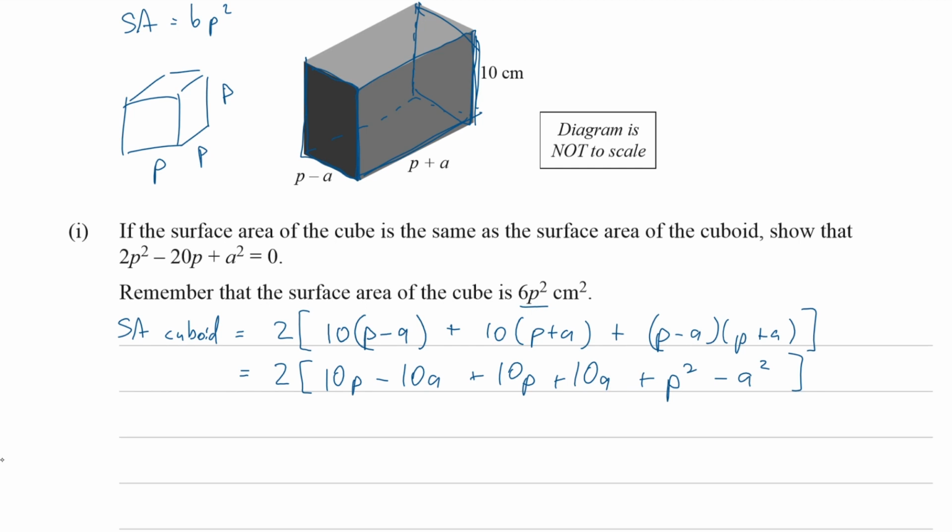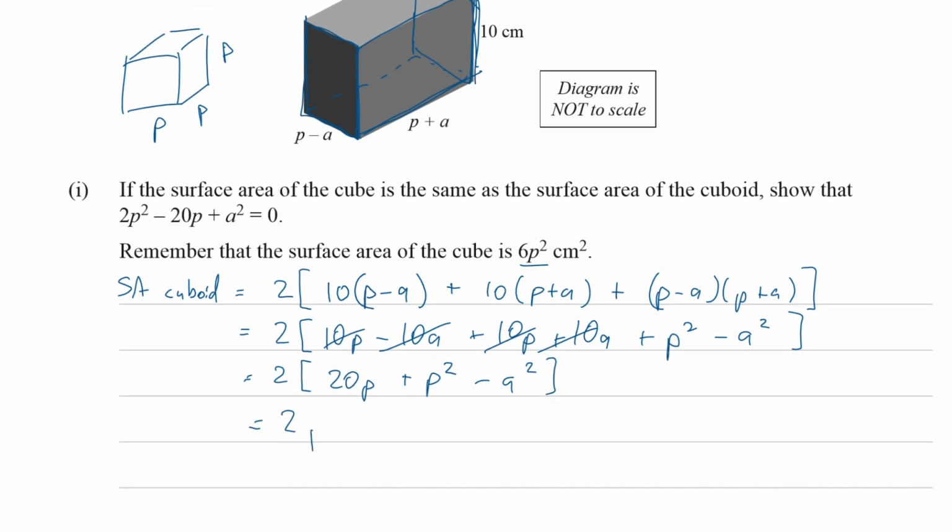Minus 10a plus 10a cancel, we're left with 20p plus p squared minus a squared, which equals 2p squared plus 40p minus 2a squared.